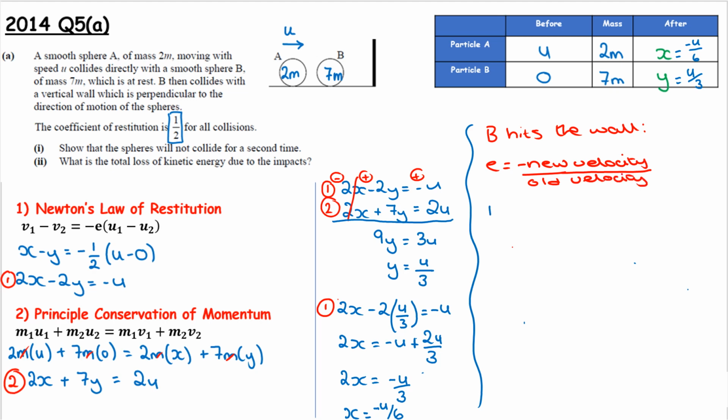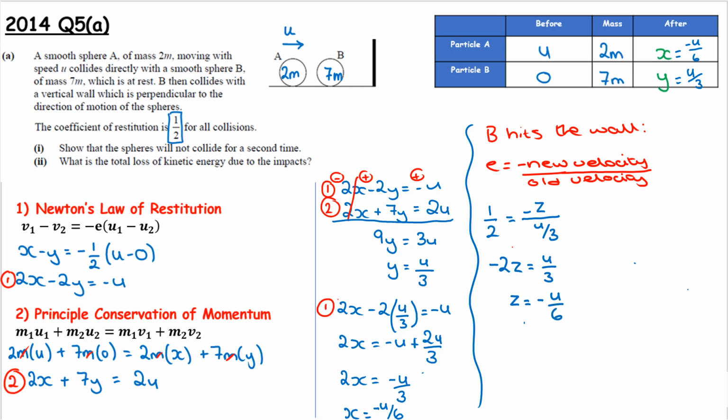The e is still a half, is equal to, I don't know what the new velocity is. I'm going to use z because I've already used x and y. It was u over 3. So bringing that over, so we get minus 2z is equal to u over 3. So z is equal to minus u over 6.